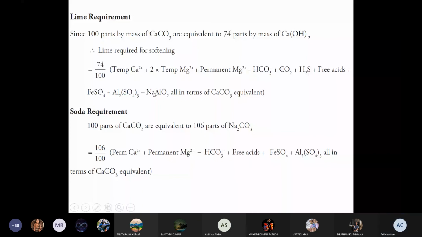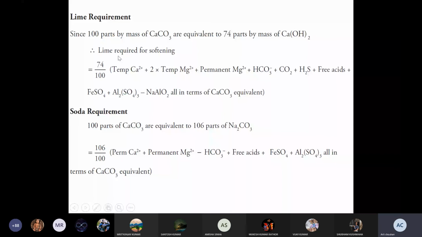So you have to convert all the values in terms of calcium carbonate. If you have to calculate all the values in terms of calcium carbonate equivalent, then you have to calculate the lime requirement in its equivalent form, in terms of calcium carbonate.